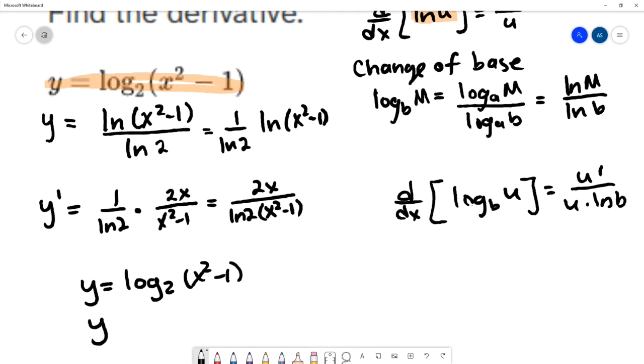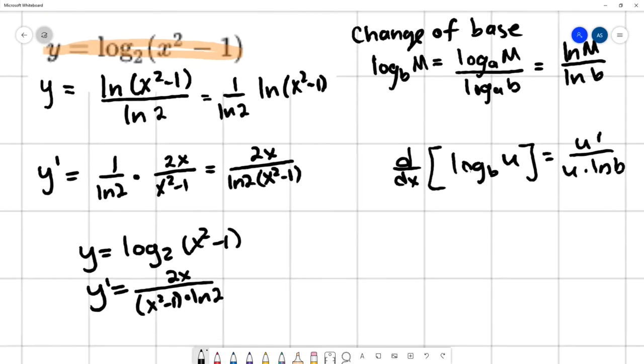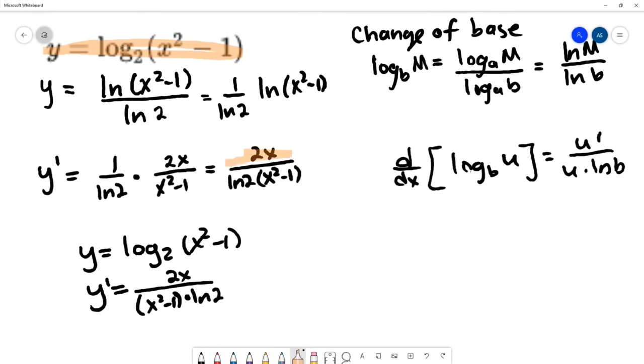If I want to calculate the derivative of that, I need to do u prime, the derivative of the inside is 2x, over the inside, that's x squared minus 1, multiplied by the natural log of the base b, which in this example is 2. So you can see we got the same answer using both techniques for calculating the derivative.